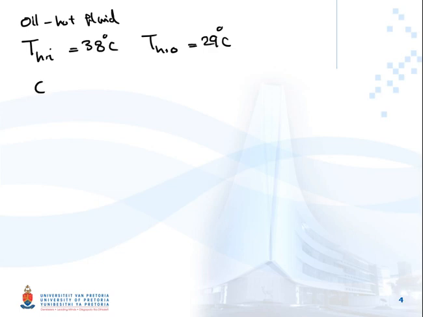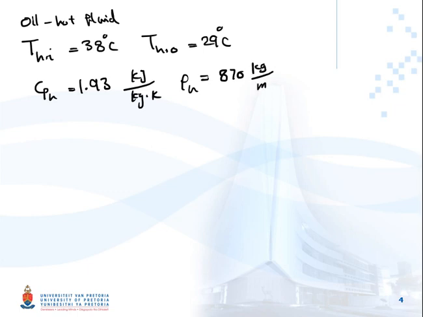So Cp of the hot fluid is 1.93 kilojoule per kilogram Kelvin, and rho H is also 870 kilogram per cubic meter. So we have all this information.